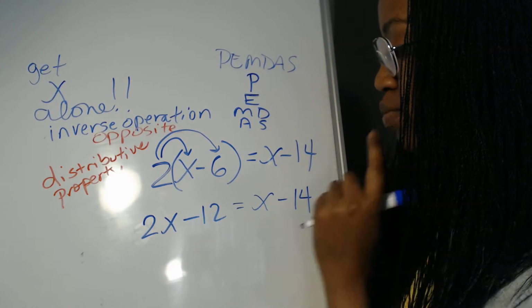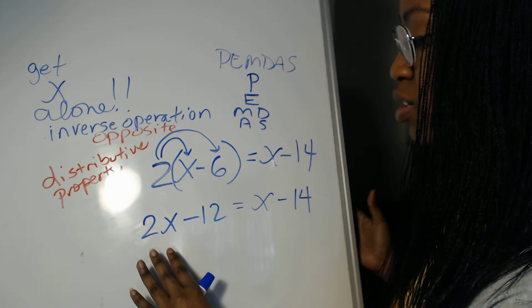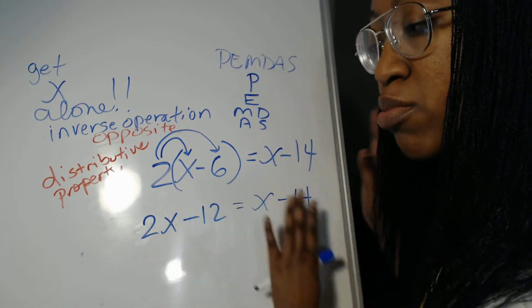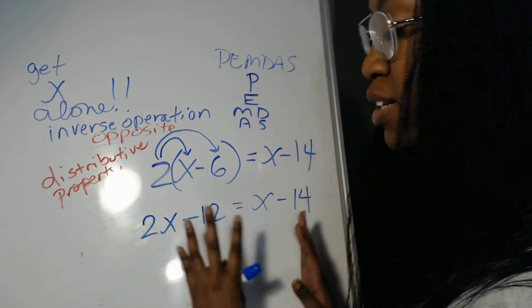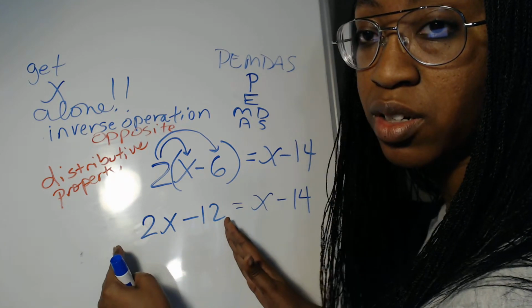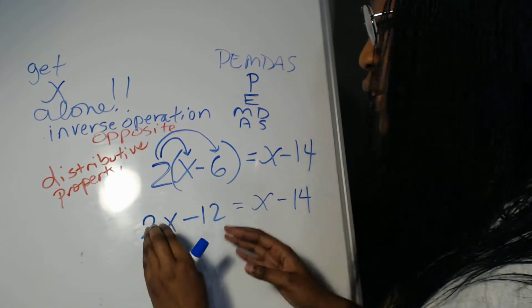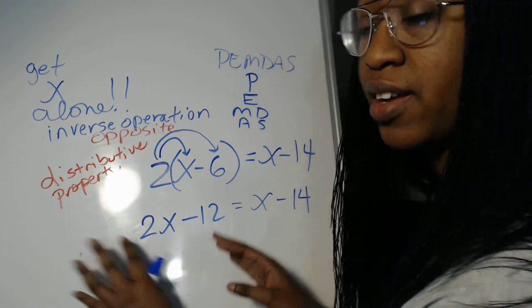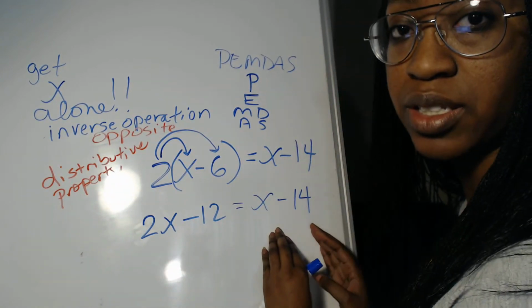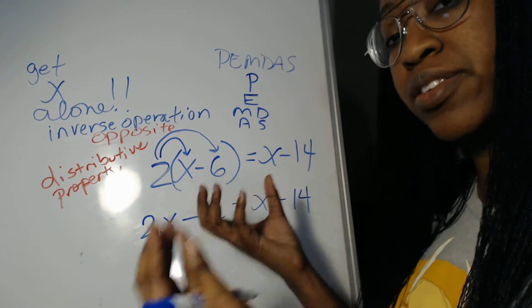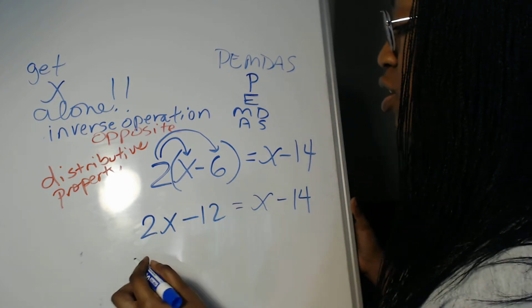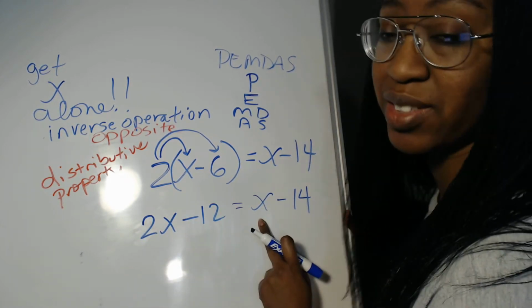So, we're at this stage. We need to go ahead and start moving things around because we want to get the variable on this side and our numbers on this side so that we can find the value of x. Alright? So, there's his x right here.